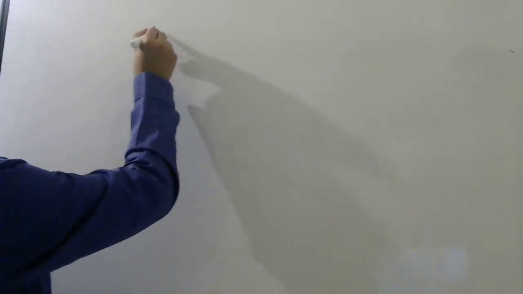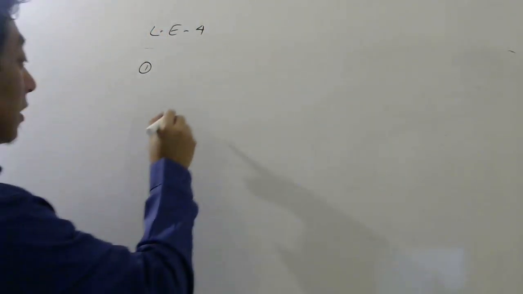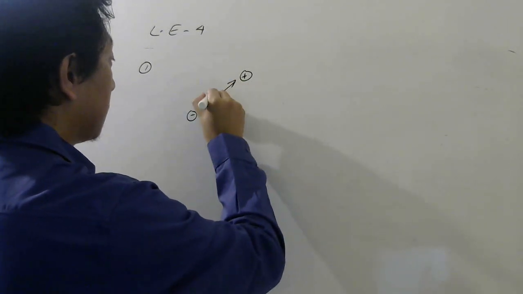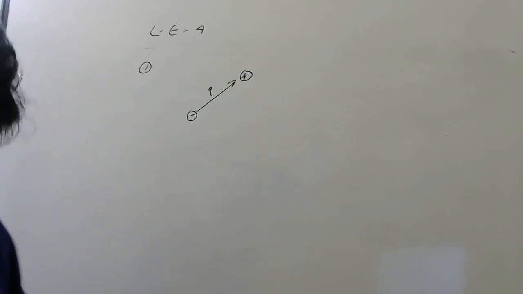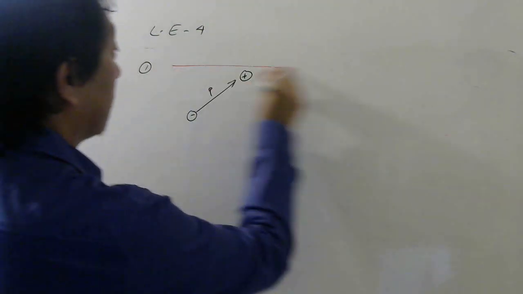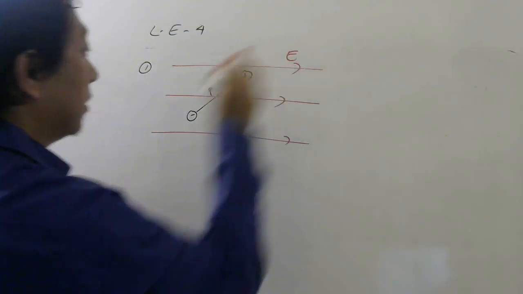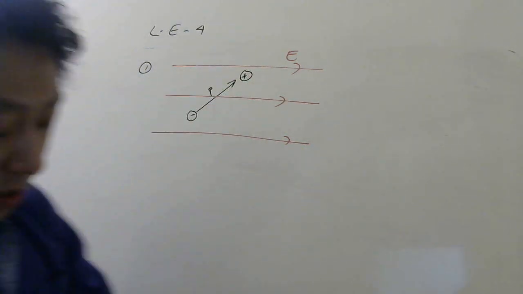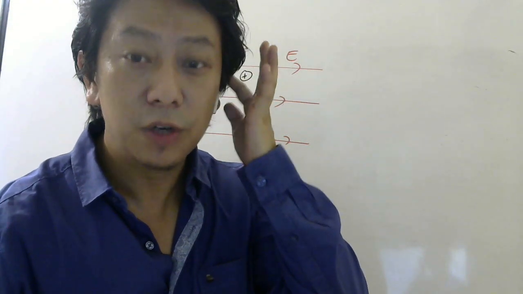So they are keeping a dipole whose dipole moment is P at some angle with respect to the electric field. It is not kept parallel. If it is kept parallel, then we know it will stay there only. That is the position of equilibrium.